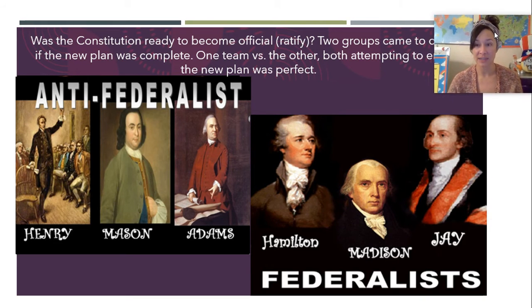So as you can see, we had a group called the Federalists, who included people like Hamilton, Madison, and Jay, three gentlemen who argued that the Constitution was perfect the way it was and was ready to be ratified. And they are called the Federalists, a lot like that word federalism.